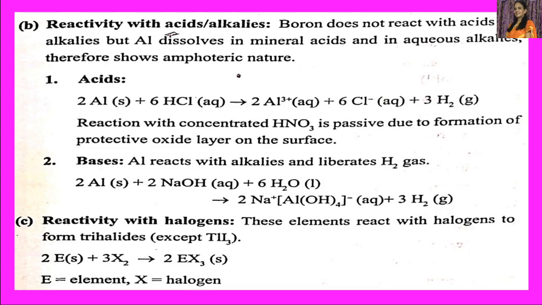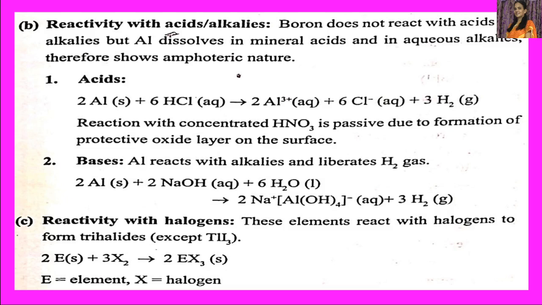So when aluminium combines with another mineral acid, HNO3, what happens? Nitric acid is a powerful oxidizing agent. Because of that, it oxidizes aluminium to Al2O3. That Al2O3 layer is formed over the surface of the aluminium metal. Thus, it becomes passive towards further attack by HNO3.